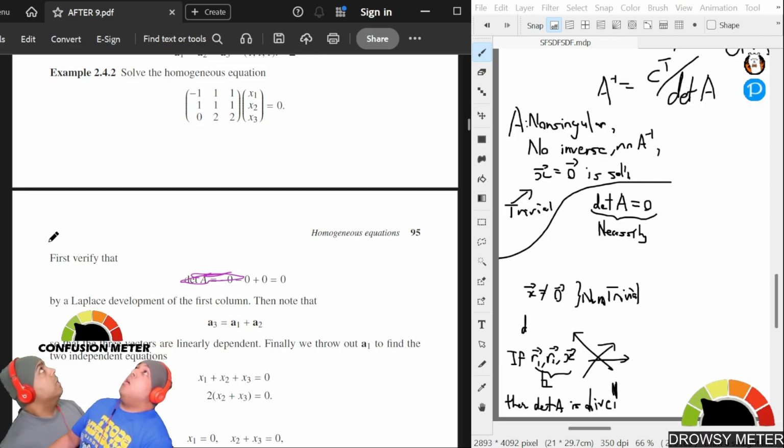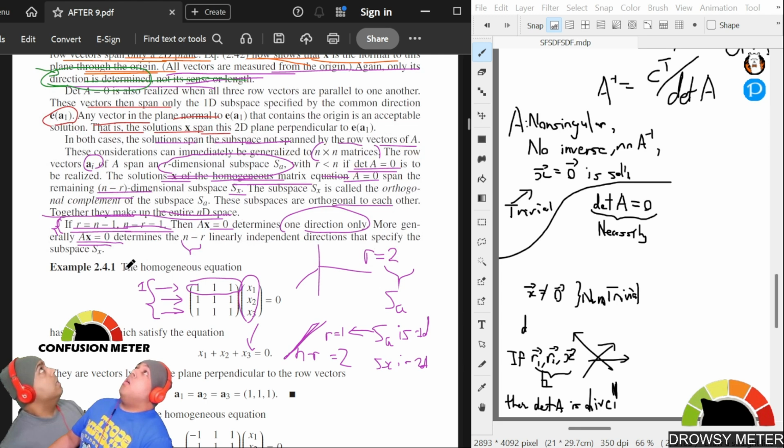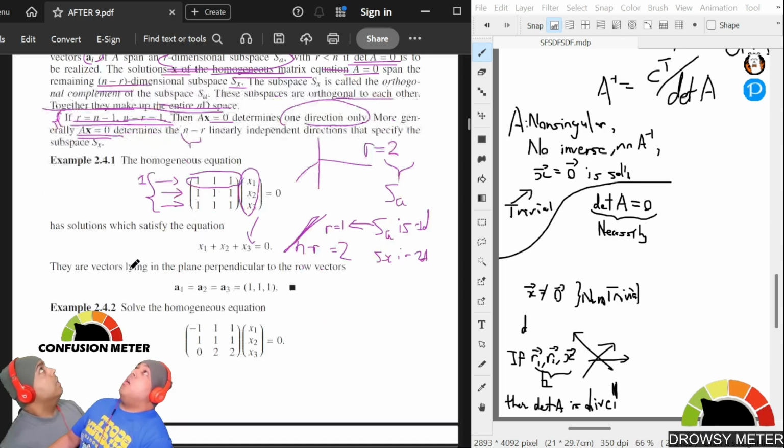Okay, the determinant is 0. What does that mean? Determinant being 0 means that at least two guys are parallel to each other, which means there's at least one solution going on.